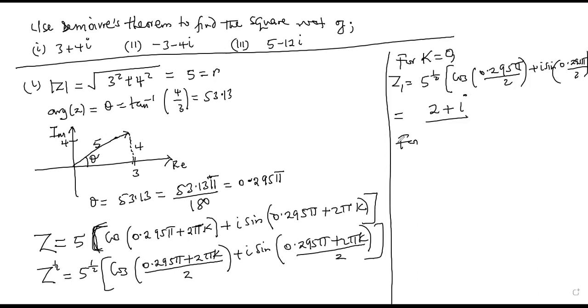Then for k is 1, when k is equal to 1, it means that you have our z2. So it will be 5 power half into cos.